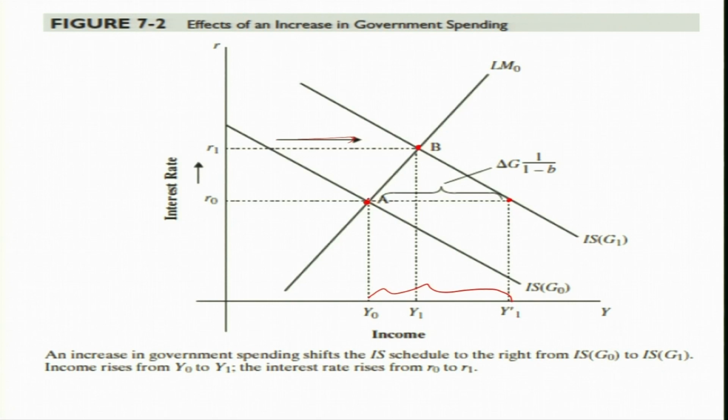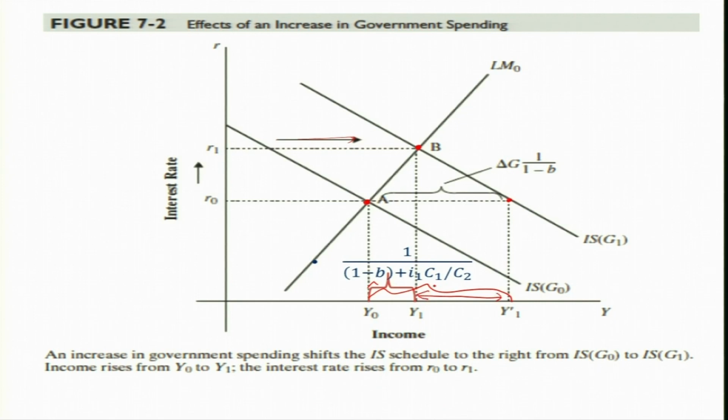But due to the money market, the rate of interest will increase due to the expansionary fiscal policy. As a result, the actual increase in output is only y0 to y1. So, this much loss in GDP is due to the crowding out effect.